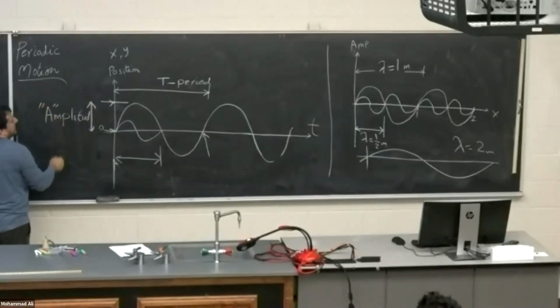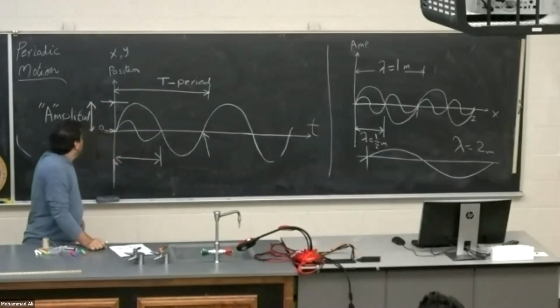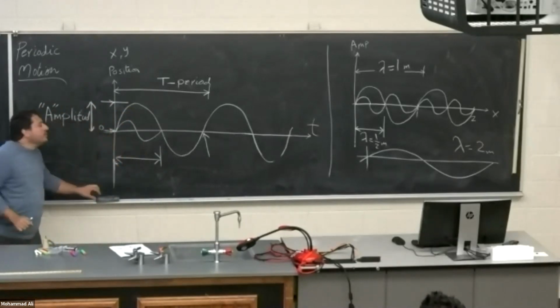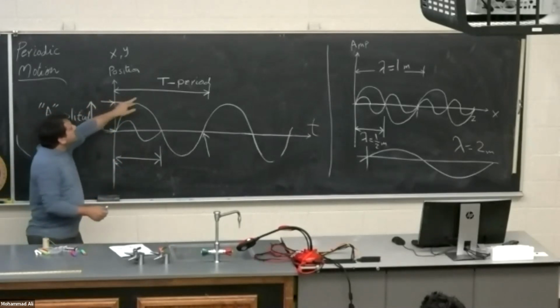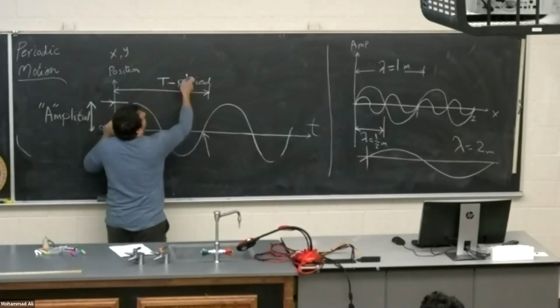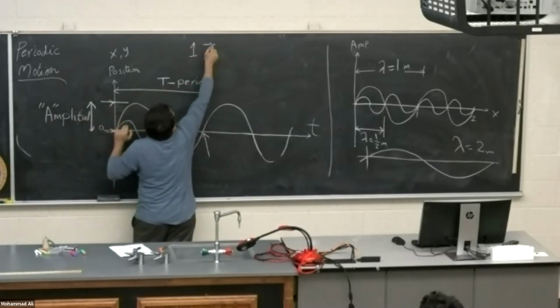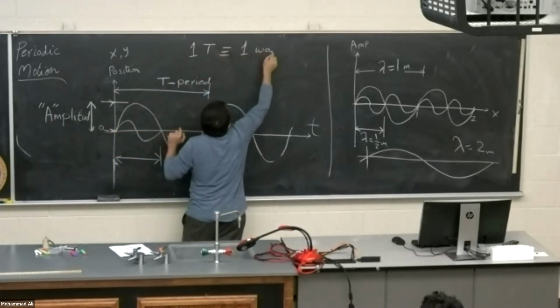We call it A in our relations. Okay. We have something also. So in each one period, we have one wave. In one period, we have just one wave.